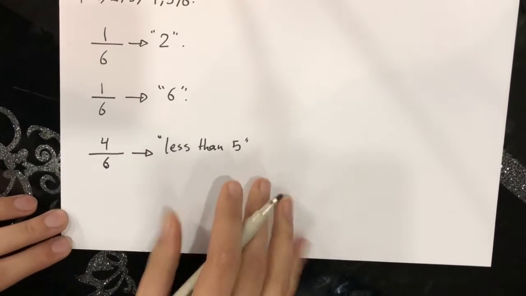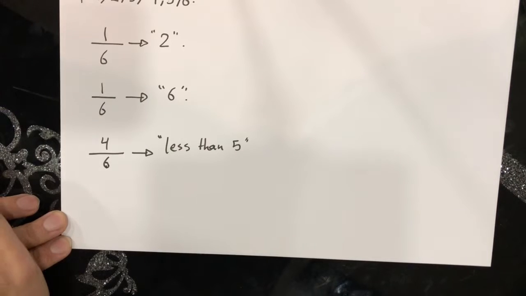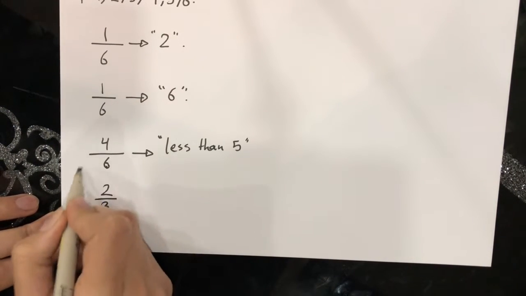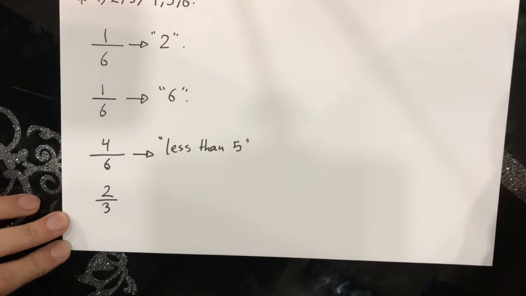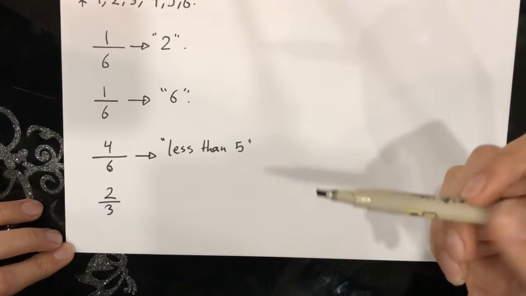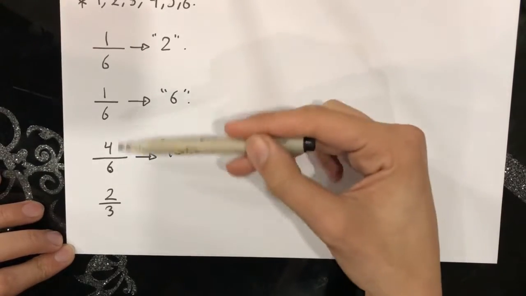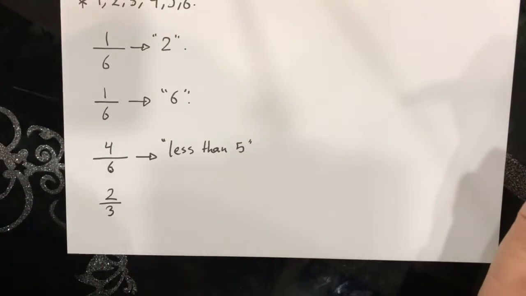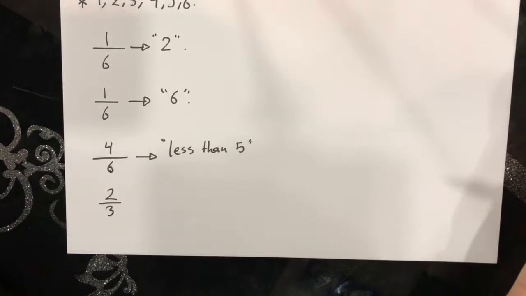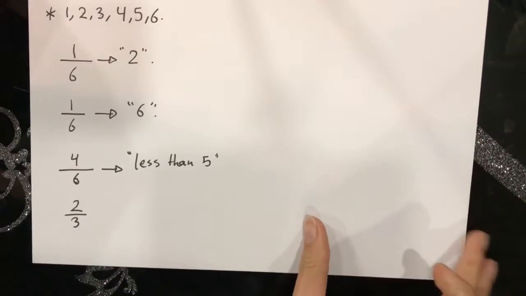In the simplest form, this same probability is equivalent to 2 out of 3 by dividing the numerator and the denominator by 2. Now, for this method to work, for the dividing, all the outcomes must be equally likely. Now, let's take another example.